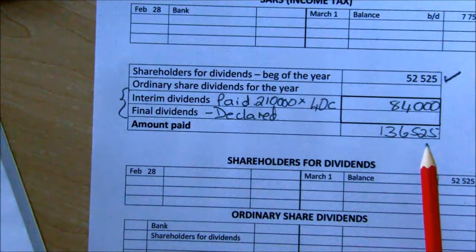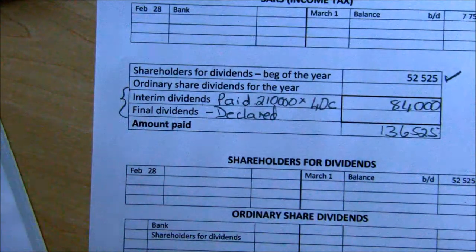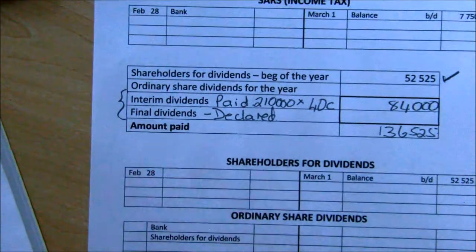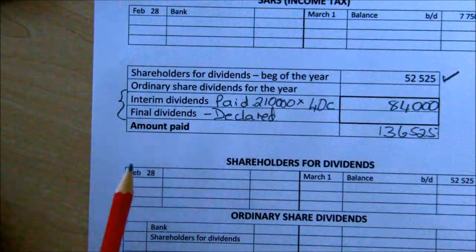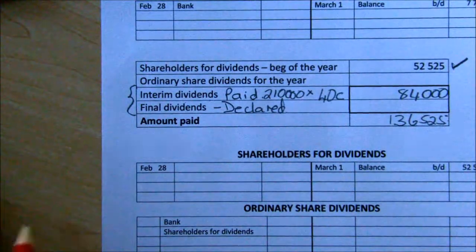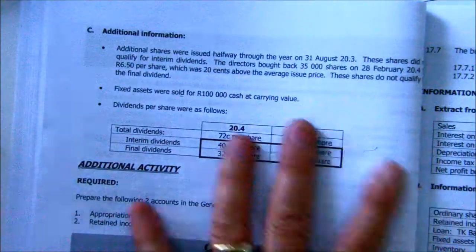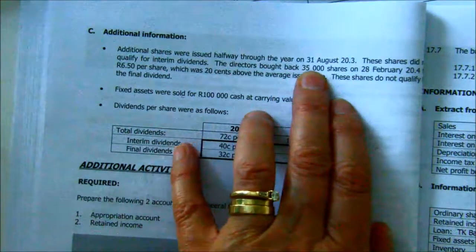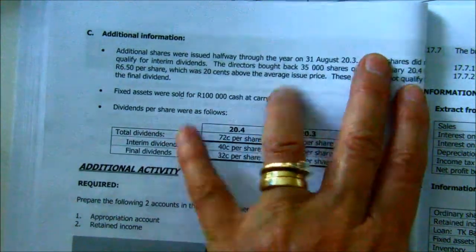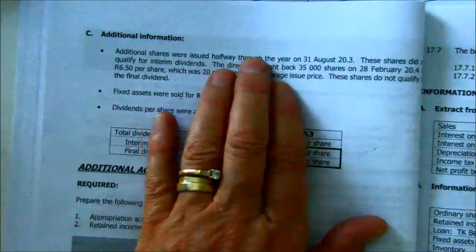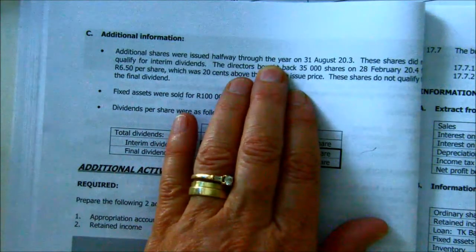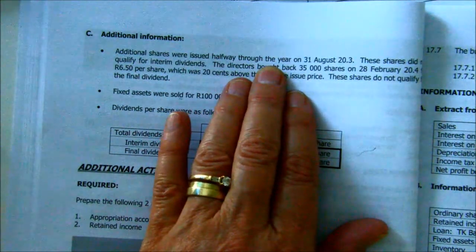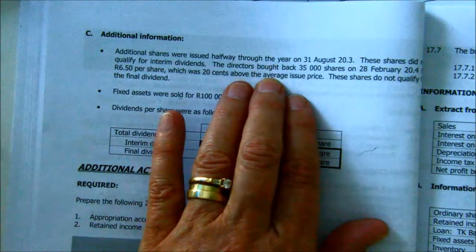Now, what you need to note is that if they give you final dividends, and in this particular exercise, it's not really easy to work out the number of shares, but you could do it. They bought back 35,000, and there were additional shares sold through the year, and they don't tell you what it is. So we don't know how many shares we've got at the end of the year.